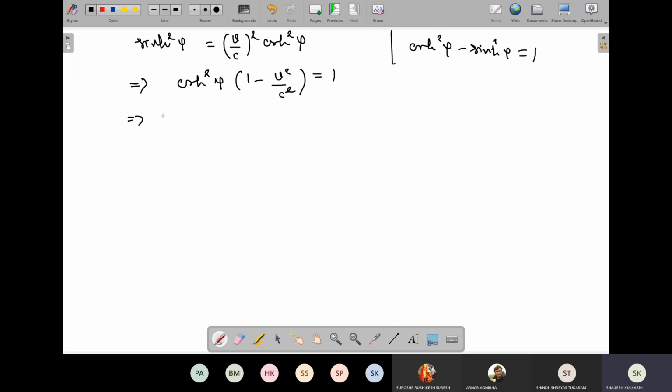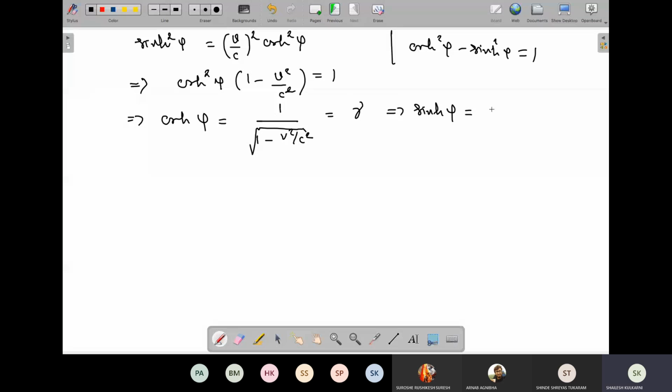In other words, cos hyperbolic phi equals 1 divided by the square root of 1 minus v square by c square. This is gamma. So cos hyperbolic phi is gamma. This implies sine hyperbolic phi is v by c times gamma, so it is beta gamma.